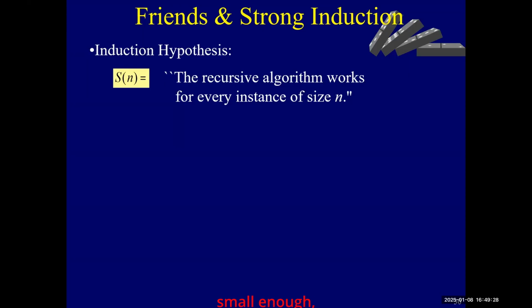And if the input's small enough, you solve it yourself. All right. So take any recursive program that does that, and we're going to now prove that that algorithm works. So it's a meta proof. We're going to do it all at once. And what's the advantage of doing it all at once? Is you will never have to do it again, right?